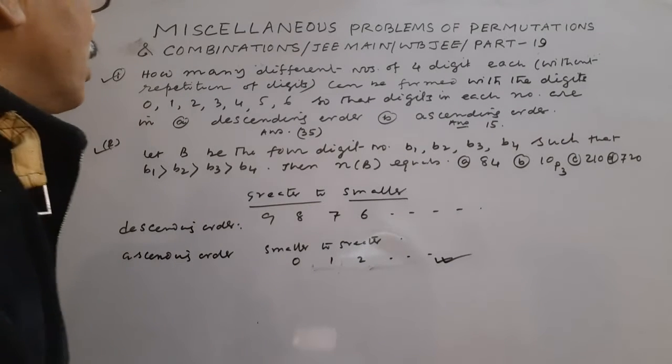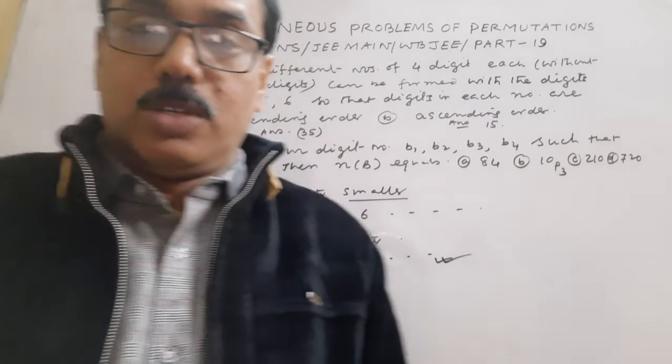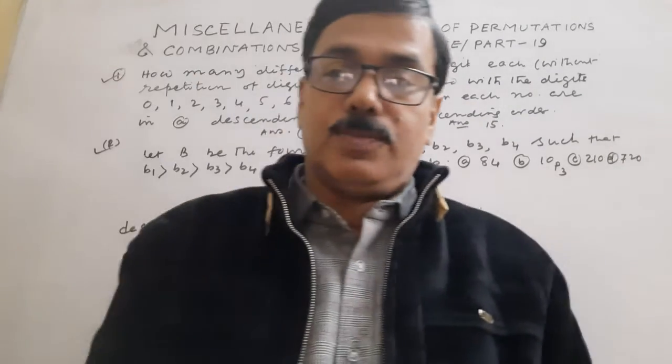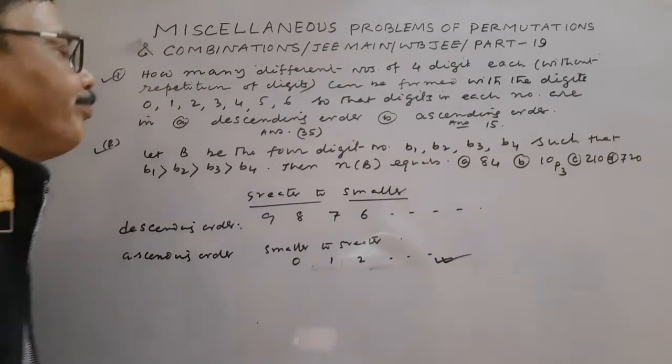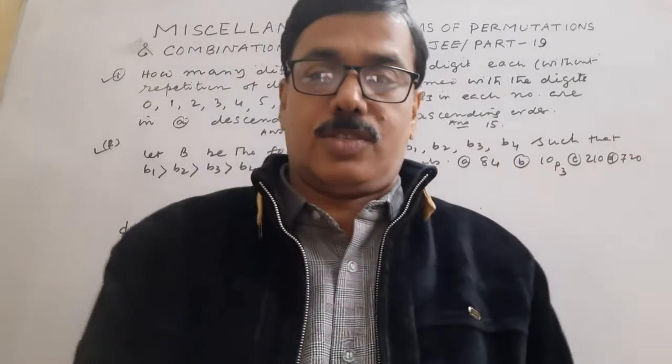So out of 7 digits, you have to take 4. You are not using all, so you have to select first, then arrange.